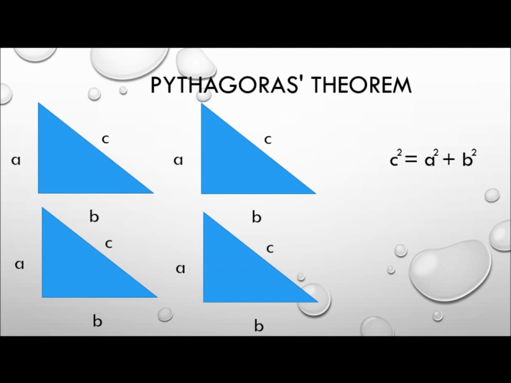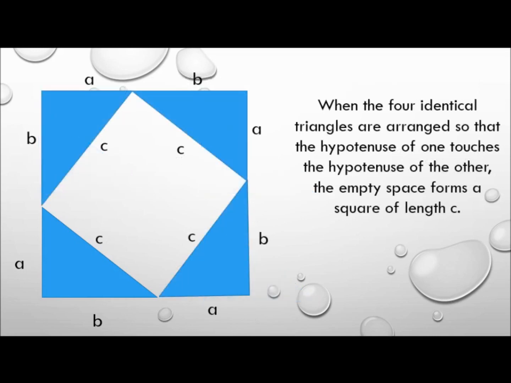There are actually a great many proofs of Pythagoras' theorem, but the most famous proof involves four identical right-angled triangles. We can arrange the four identical triangles so that the hypotenuse of one touches the hypotenuse of the other. The empty space forms a square of length c.